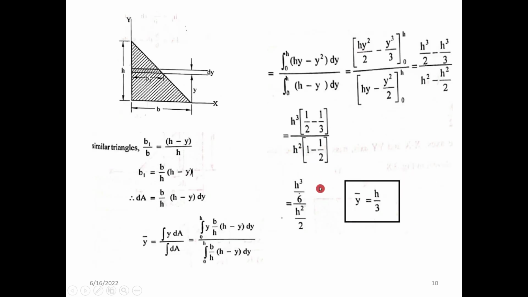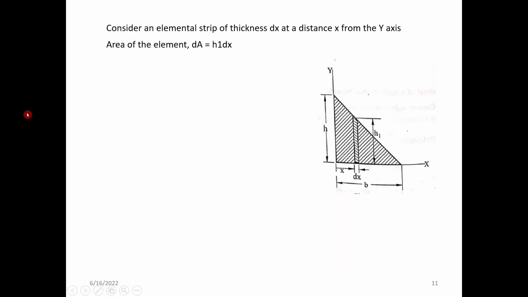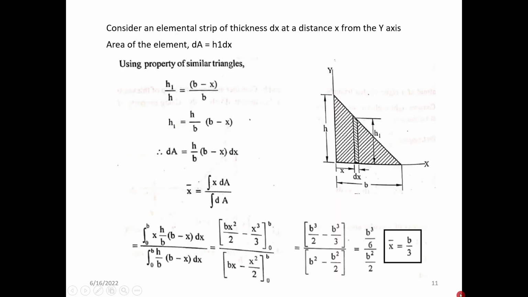So note the similarity: y bar is h by 3, one third of the height, and x bar is b by 3, one third of the breadth. So the centroid will be at this point, where you can see the cursor, which is at a distance of b by 3 from the vertical axis and h by 3 from the horizontal axis.